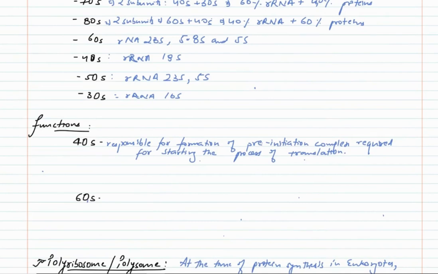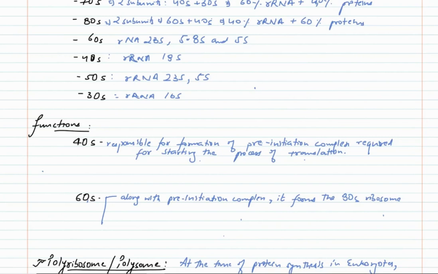subunit of the ribosome. The 60S subunit is involved in, firstly, along with the pre-initiation complex, forming the 80S ribosome, that is the complete 80S ribosome assembly.